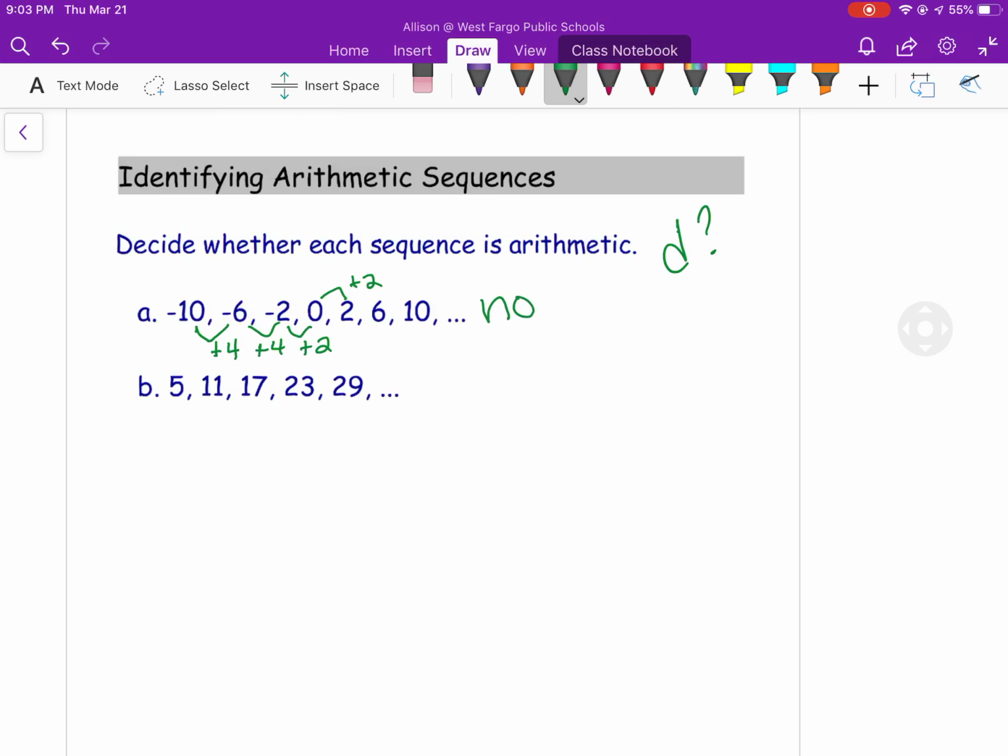So this would be no. It has some pattern to it, plus 4, plus 4, plus 2, plus 2, plus 4, plus 4, but it's not the same common difference throughout. Here would be plus 6, plus 6, plus 6. This is a yes. The common difference is 6. I can identify the next term being 35.